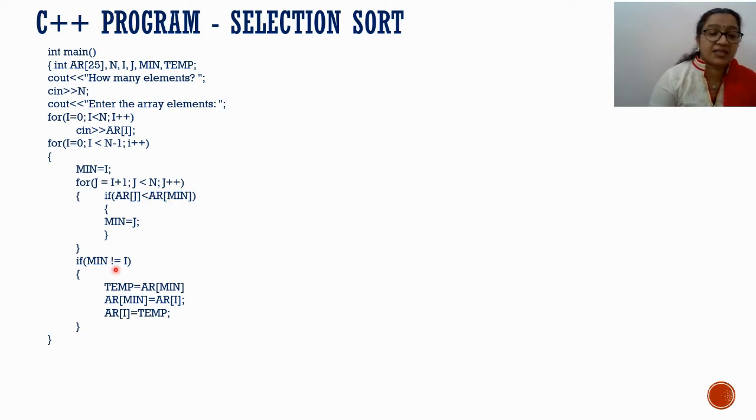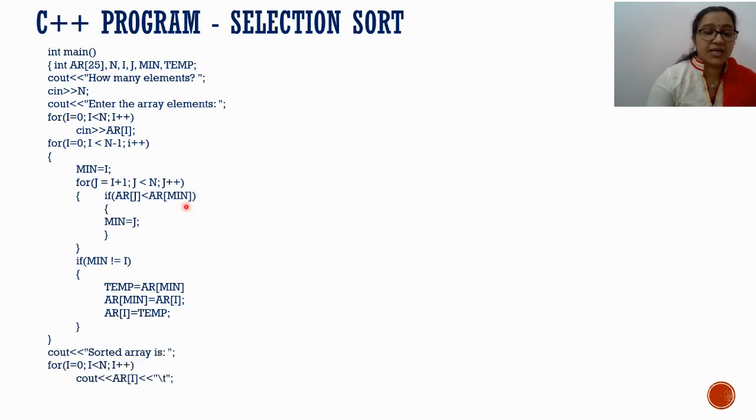After exiting the loop, we check whether min is equal to i or not. If it is not, swap it. Otherwise keep it there itself and move to the next location. So this way also we can write the selection sort method.